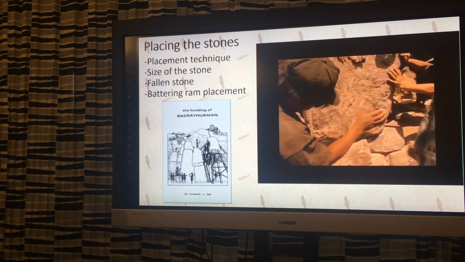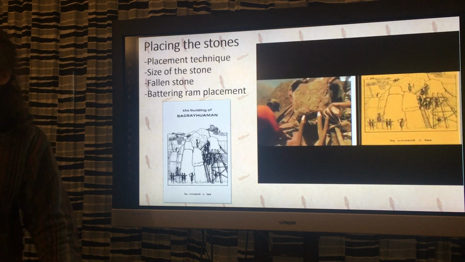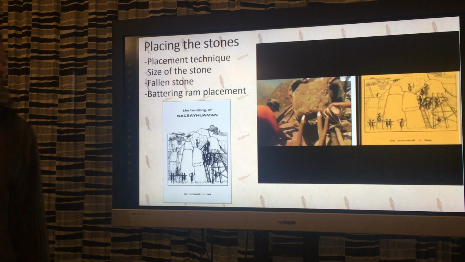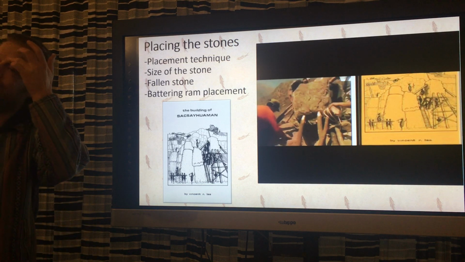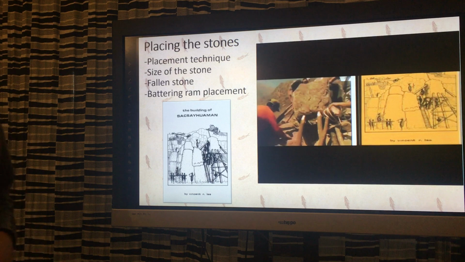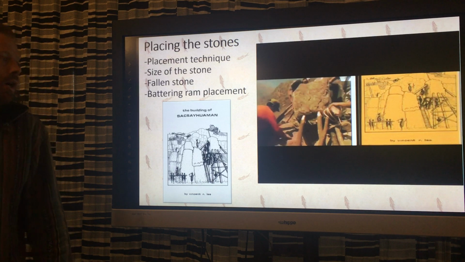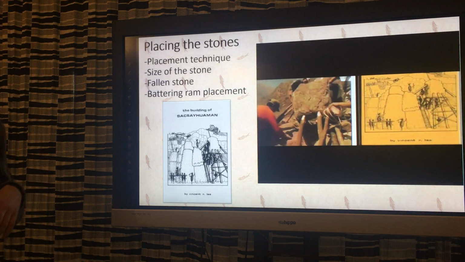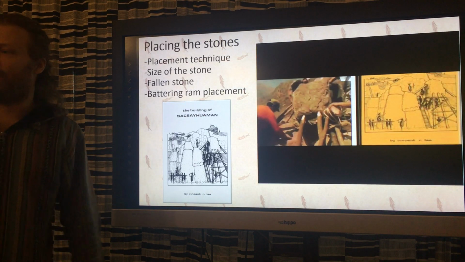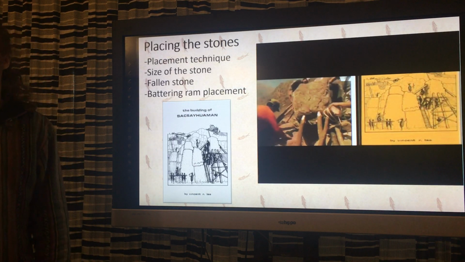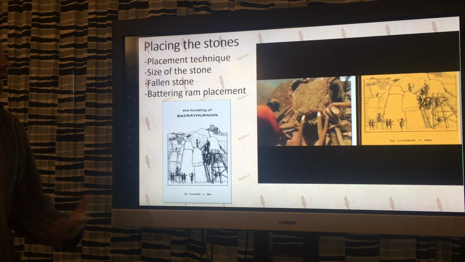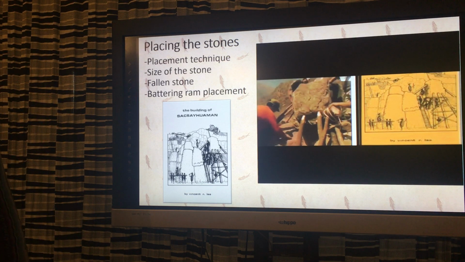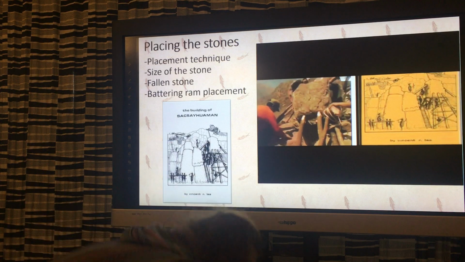Now they use a tree log to stomp it into place. Again, this would be dangerous and difficult with a stone that weighs 500 times as much. But this is how the mainstream theory portrays it, and this is the actual fieldwork that goes with this mainstream theory. That's what I wanted to say here.